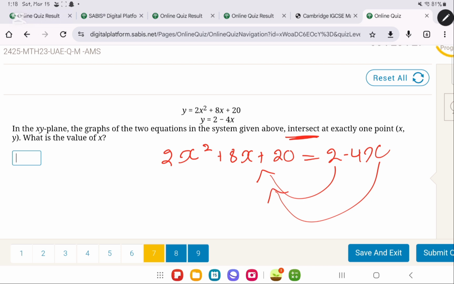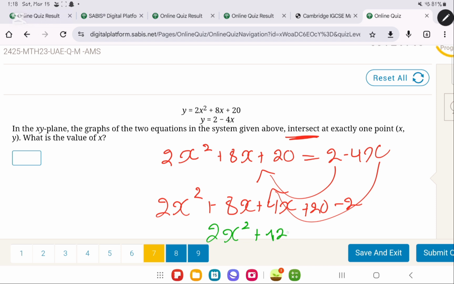So, after moving it, you are gonna get 2x squared plus 8x plus 4x, and 20 minus 2. So very simply, you're gonna add them. So 2x squared plus 12x plus 18. Now there's two ways to do this. You could either go mode, setup.